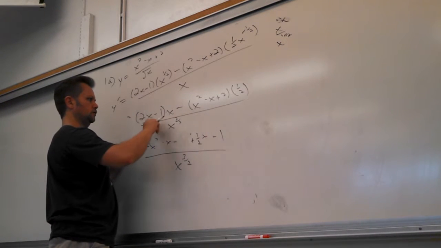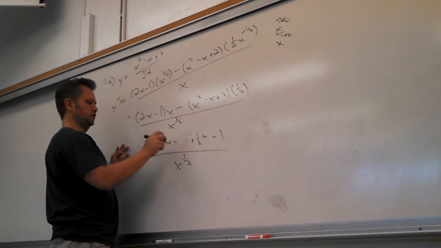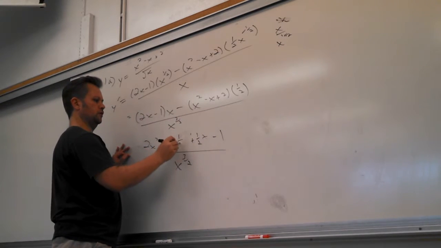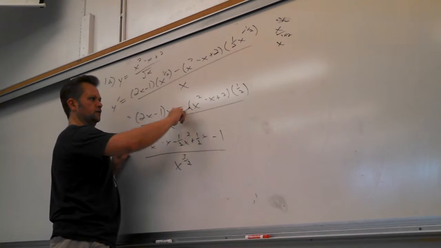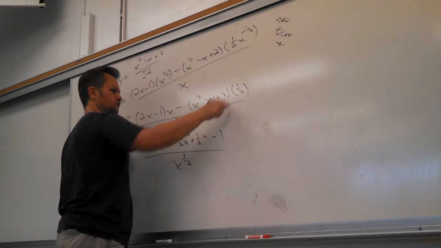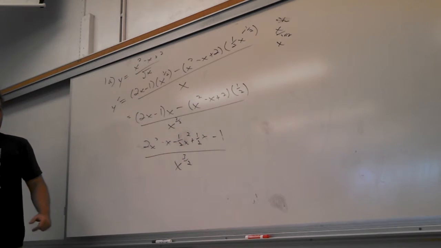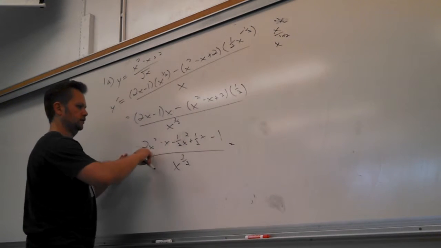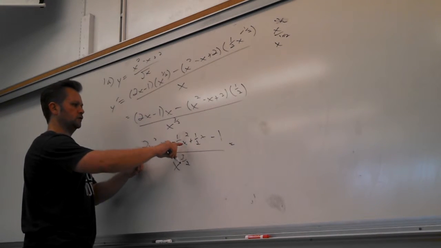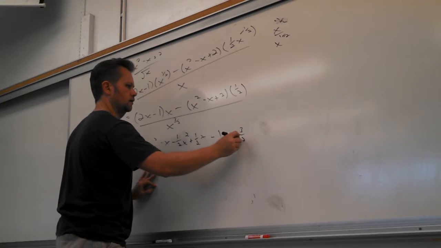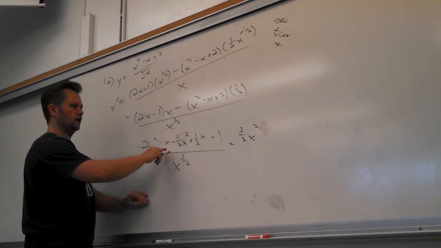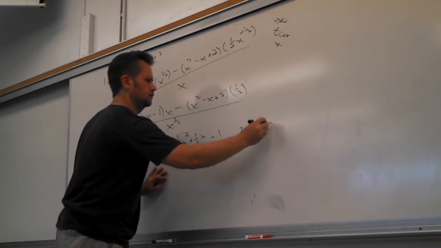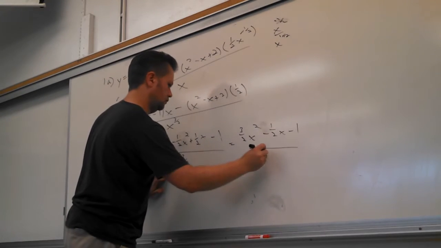Now minus 2x squared minus x squared, 1/2 x squared. There it is. Cool. Plus 1/2 x minus 1. Get your like terms together and see if we can simplify. 2x squared minus 1/2 x squared is 3/2 x squared. Minus 1/2 x minus 1.